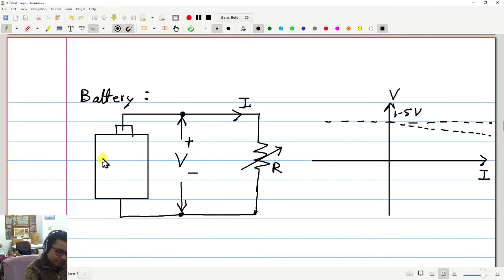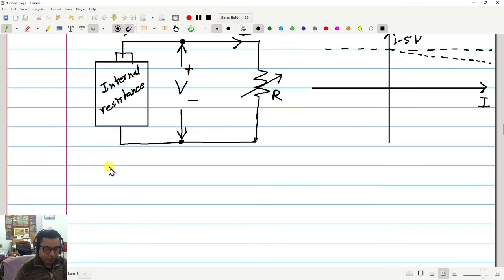So the electrodes have internal resistance, and whenever there is a current flowing through any resistance, there is a voltage drop, and therefore some internal voltage drop is also there in the electrolyte, electrodes, everywhere.